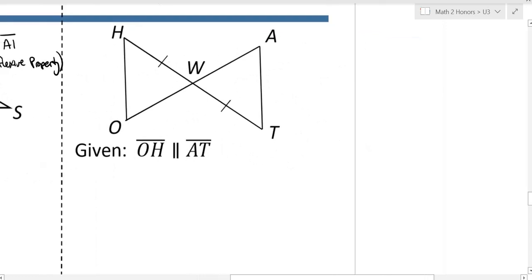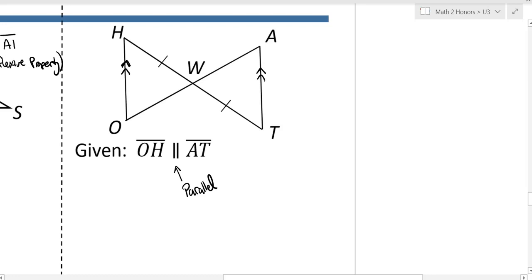So this last one on the page, here's some notation. If you have two lines that don't cross right here, this is referring to parallel. Okay, so we're given that OH is parallel to AT. When you draw parallel, you usually use little arrows. So OH is parallel to AT.